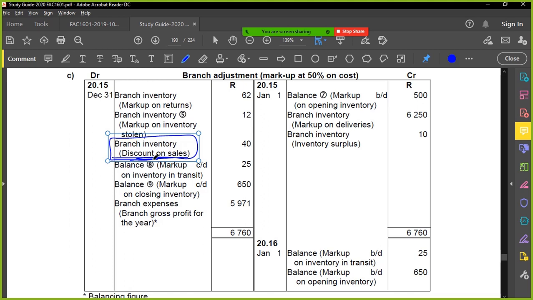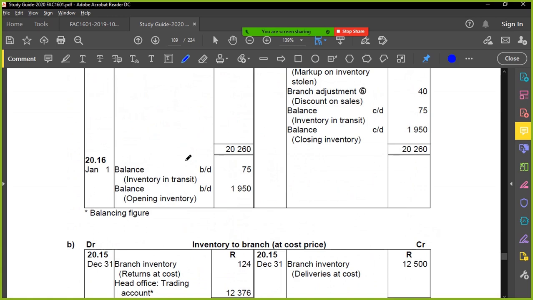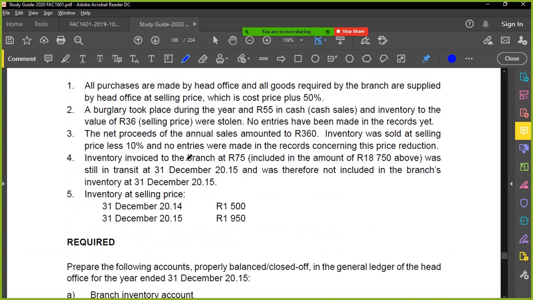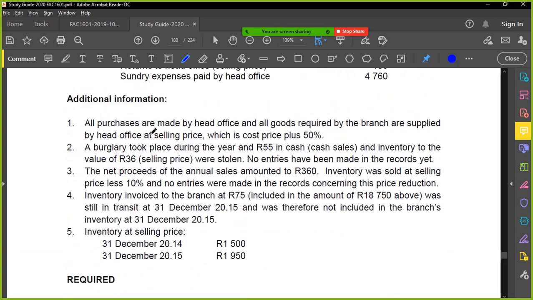So when you have a branch adjustment account, if there's any discount on the sale, you need to provide for it. Why? Because sometimes the branch might sell those goods at a discount, and they mention that here in the question. Here: inventory was sold at selling price less 10%.